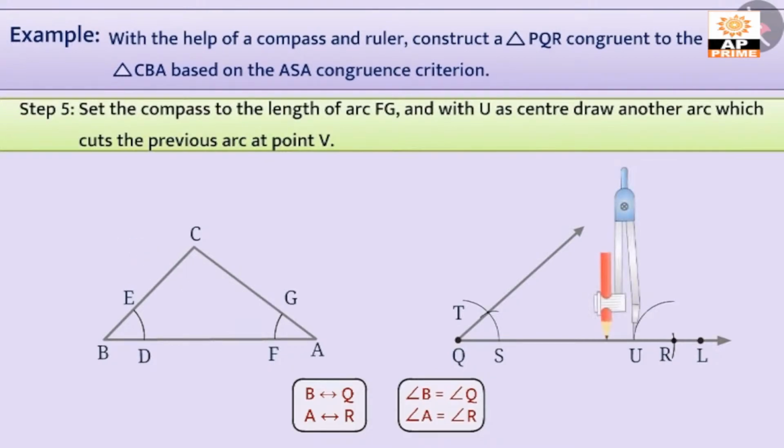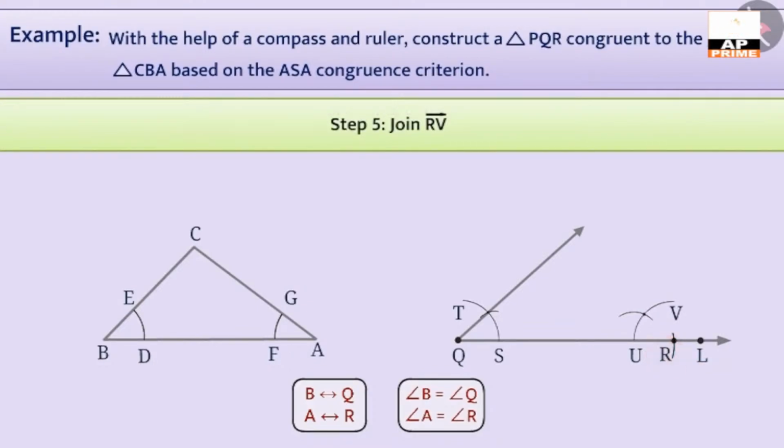Without changing the compass setting, with U as center, draw another arc which cuts the previous arc at point V. Next, we join points R and V to form a ray RV.